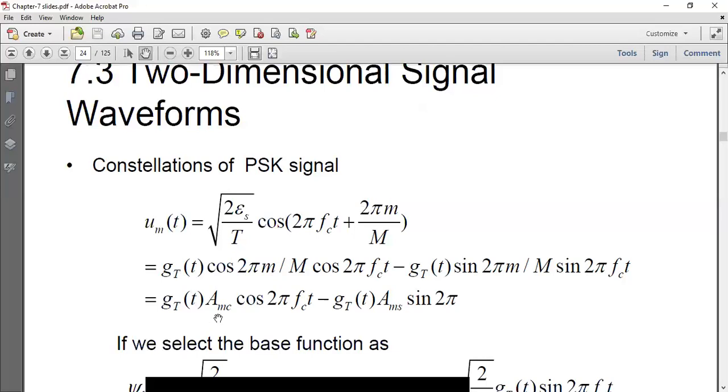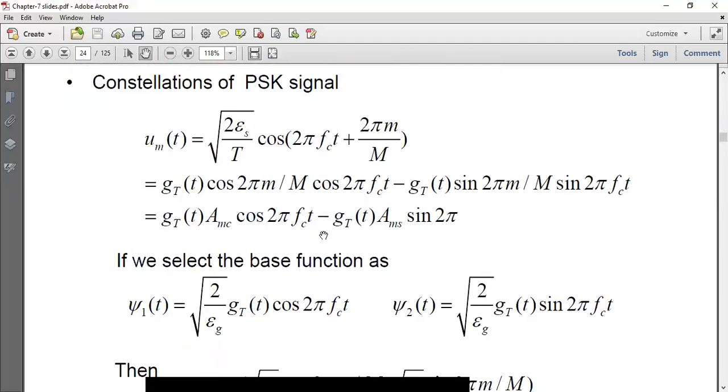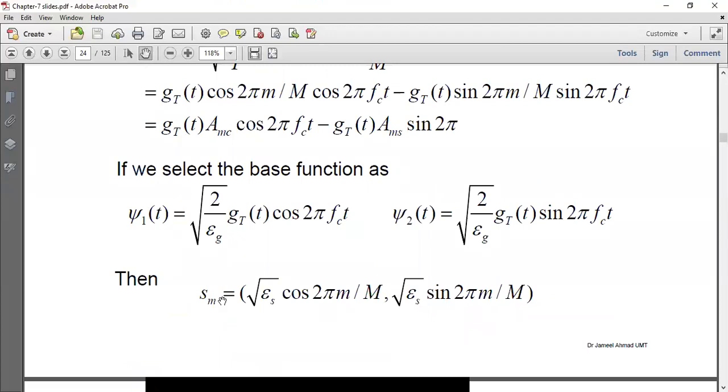So we can represent the cosine 2 pi m over M by AMC, and sine 2 pi m over M by AMS. This is the general form of a PSK signal. If we select the basis function as this one, then we can represent the signal in terms of its vector.